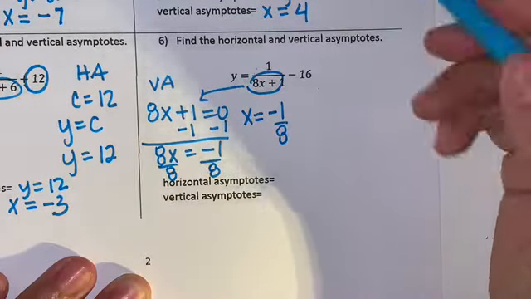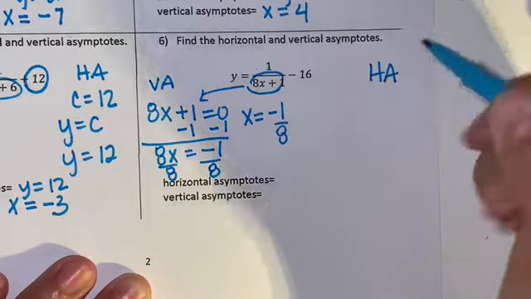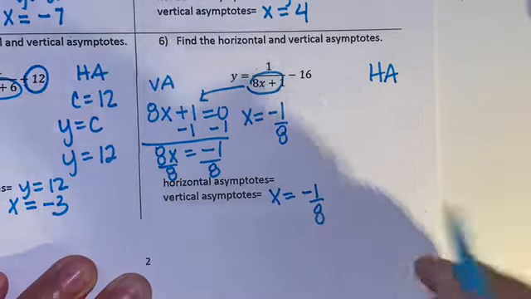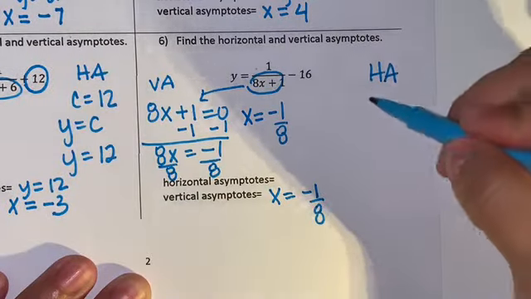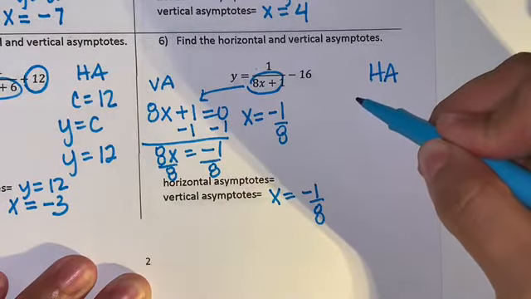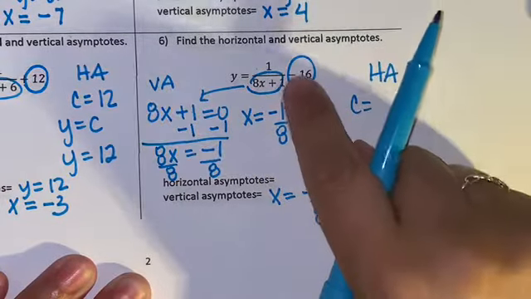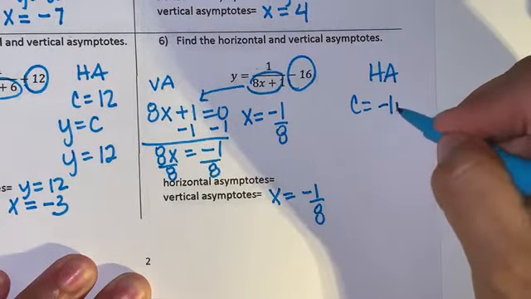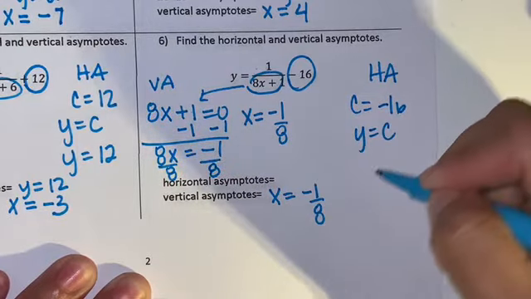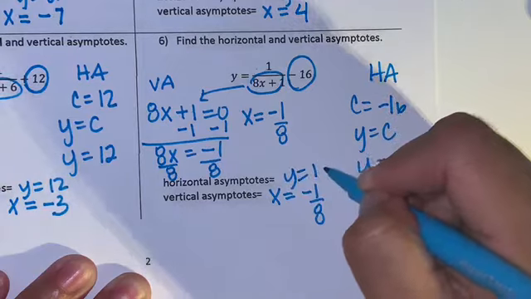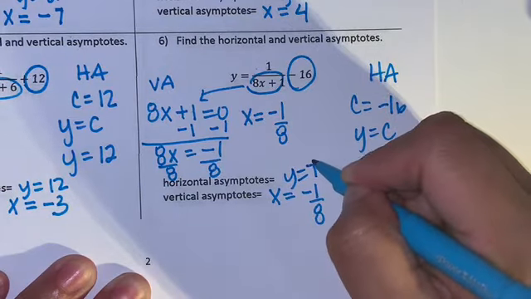Okay, and then you have your horizontal asymptote. So x equals negative 1/8. And then horizontal asymptote is c equals. You always take the sign in front of the constant. So negative 16, y equals c, y equals negative 16.